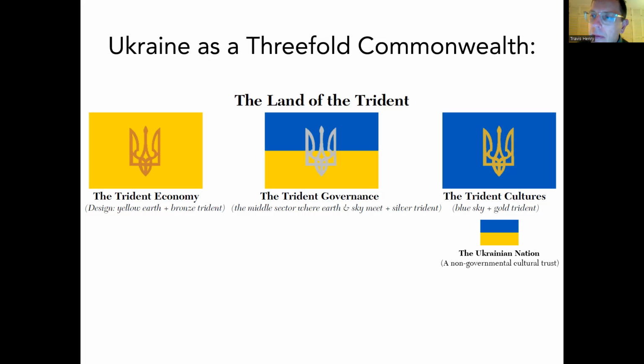We didn't make that up. The land of the trident. So you have the economy of the trident. You have the rights governance of the trident, and you have the cultural council of the trident. And the Ukrainian nation is just one of many national cultures in the trident jurisdiction.